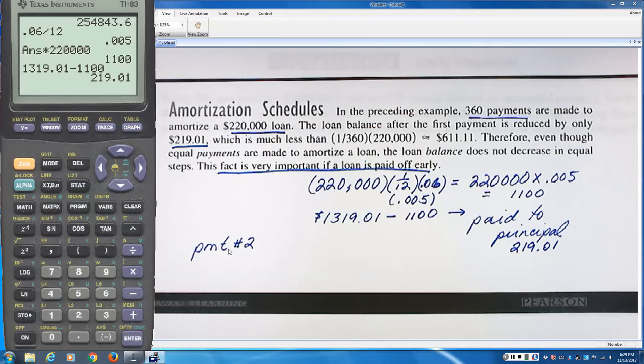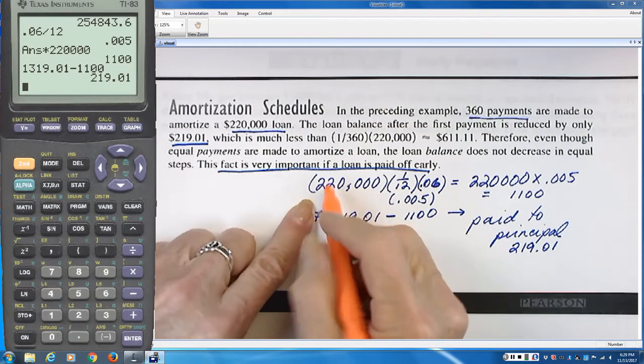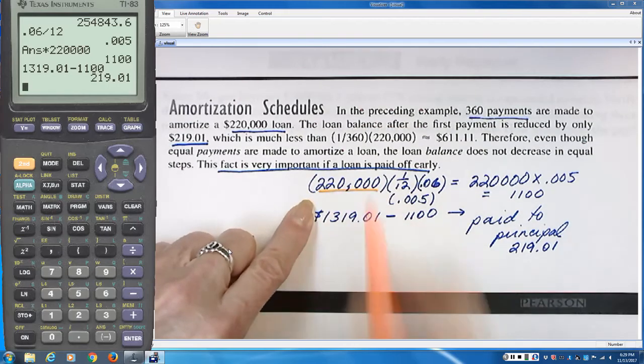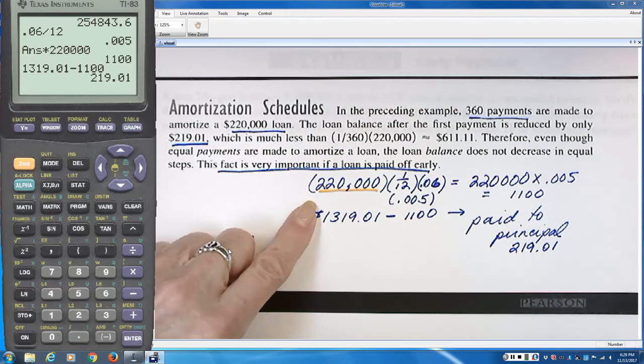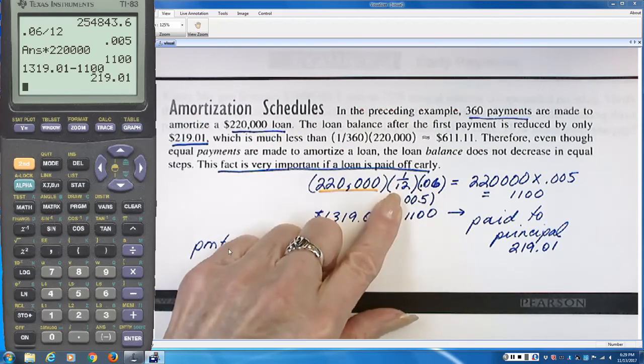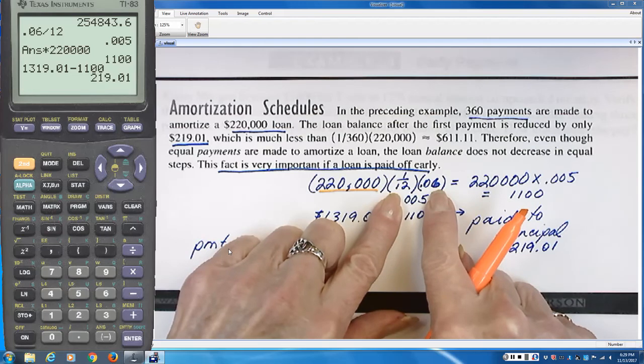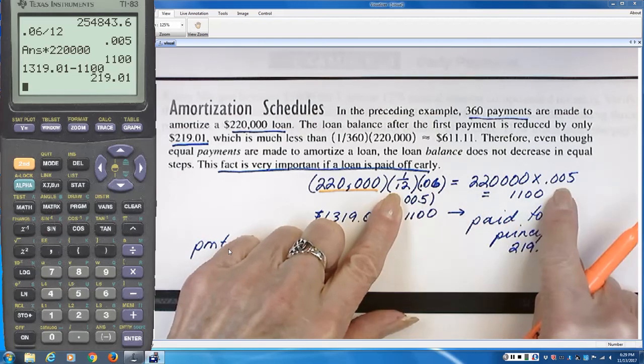Okay. What happens is at the end of the first month, you haven't made any payments. This is how much money they loaned you. The loan is 6% compounded annually, but at this point, you've only paid interest for 1/12 of the year or 1 month. So 1/12 times that 6% is only a 0.5% interest.